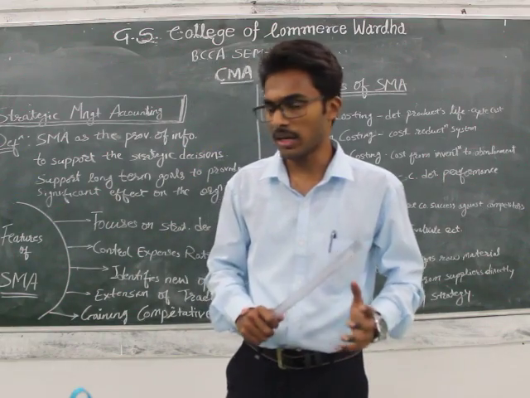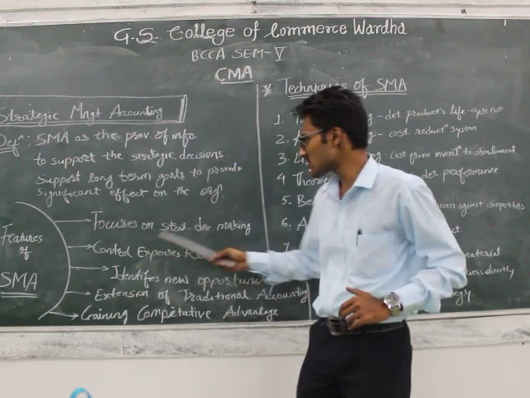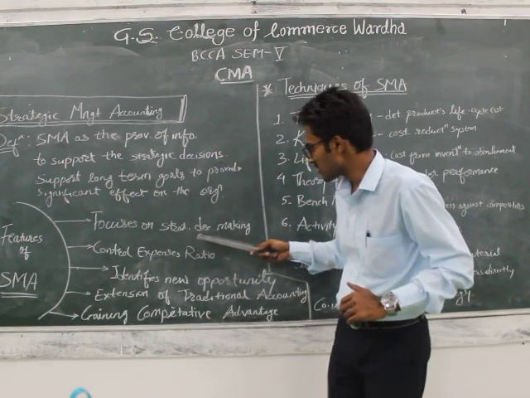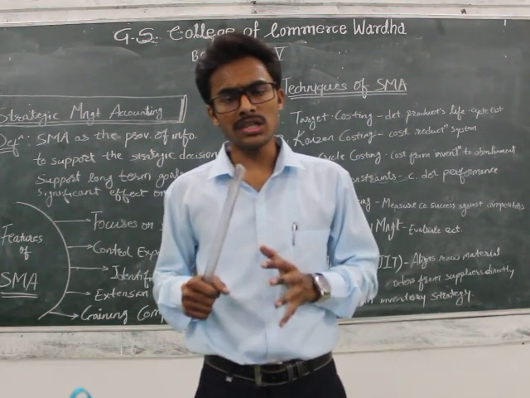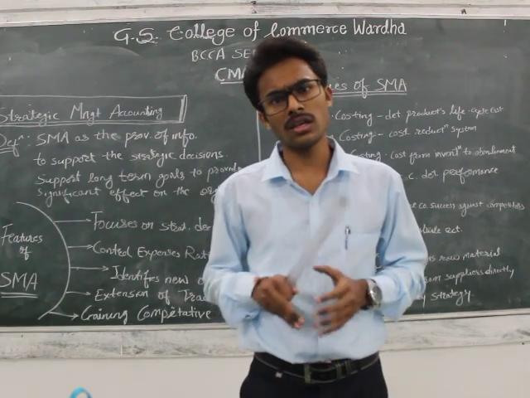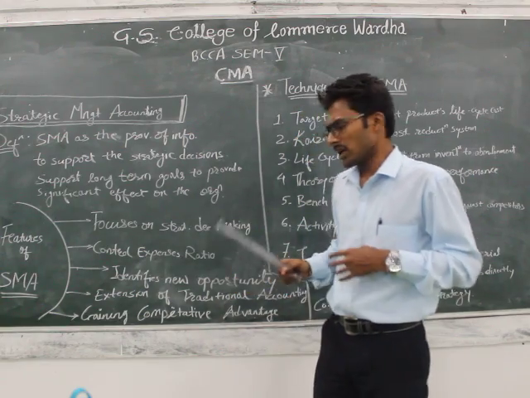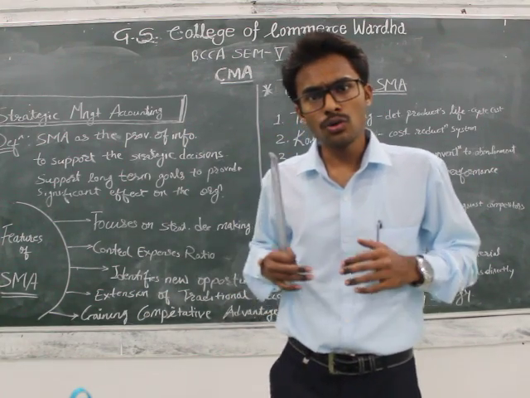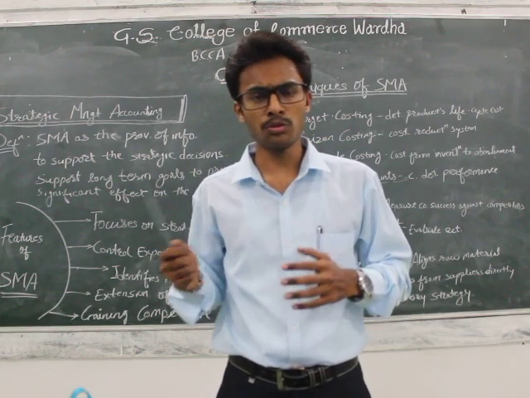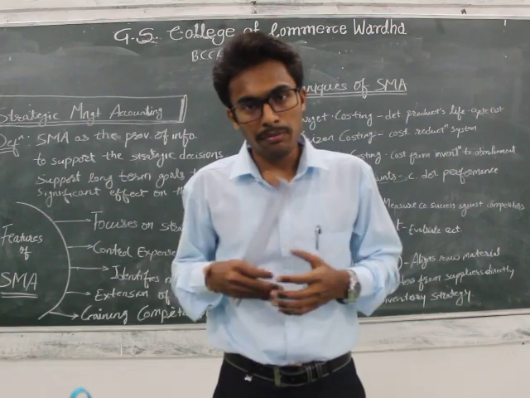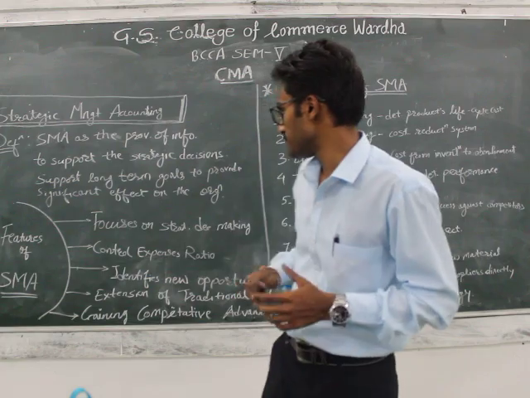Let us have some important features of SMA. SMA means strategic management accounting. The first feature is that SMA focuses on strategic decision making. We will see the important tools and techniques included in this accounting system, which will help us make decisions to make our future prosperous and to grab opportunities from the market to achieve our goals properly.